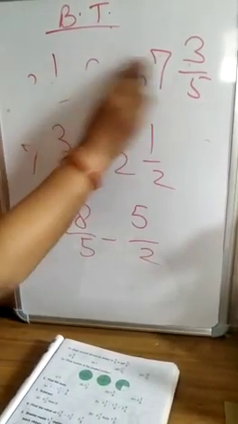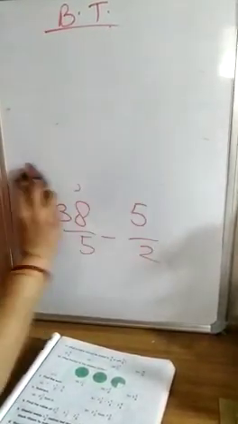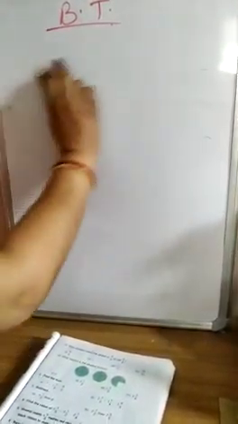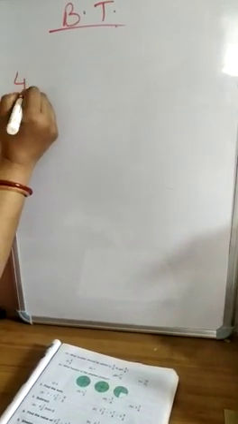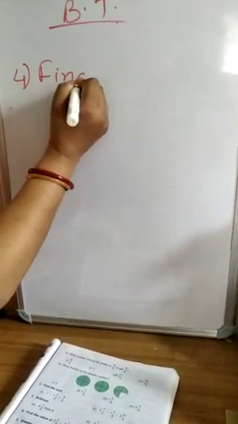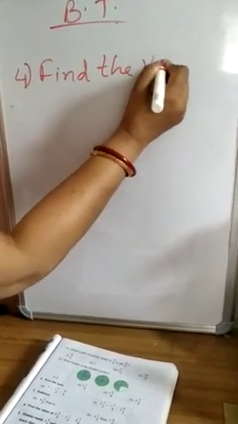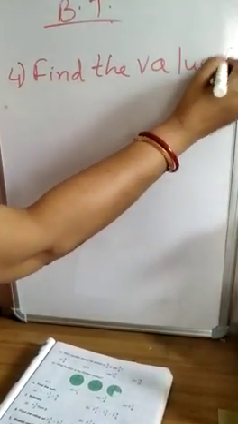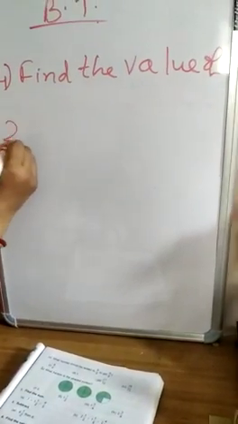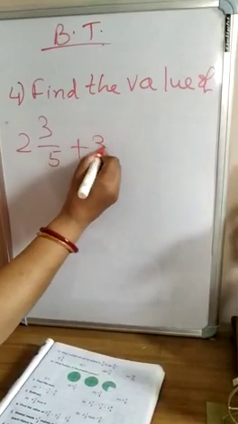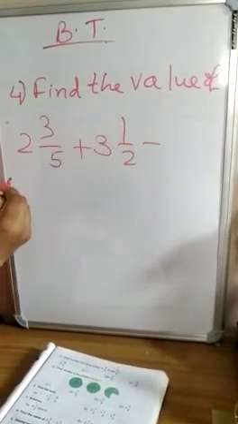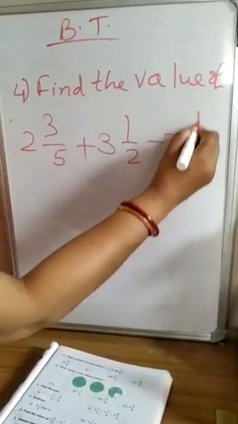Now come to question number 4. Find the value of 2 3 by 5 plus 3 1 by 2 minus 2 1 by 8.